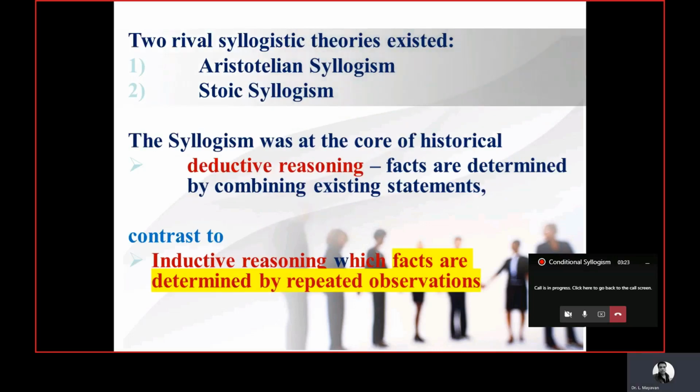Okay. And in the past, two rival syllogistic theories existed. One was Aristotelian syllogism, the other one was Stoic syllogism. The syllogism was at the core of historical deductive reasoning, whereby facts are determined by combining existing statements, which is almost a contrast to the inductive reasoning, whereby facts are determined by repeated observations.